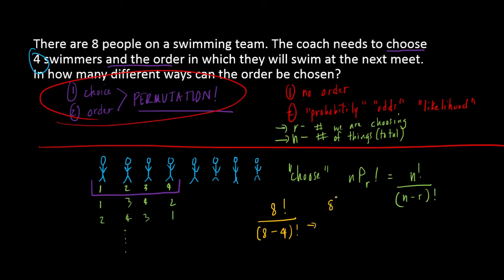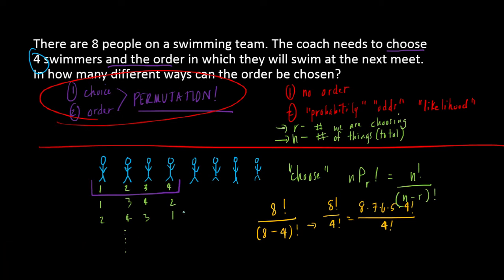This simplifies to 8 factorial over 8 minus 4, which is 4, so 4 factorial. Now, a cool thing about factorials: 8 factorial is equal to 8 times 7 times 6 times 5 times 4 factorial. How do I know that?